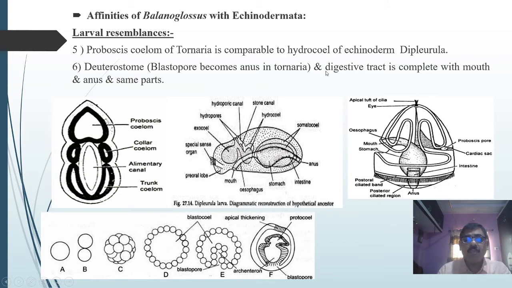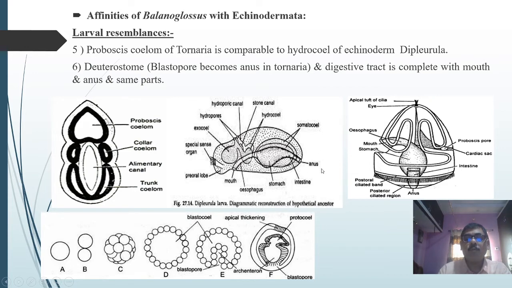And if you observe the digestive tract, it is complete: the mouth, then esophagus, stomach, intestine, and anus. Here also you can observe the mouth, esophagus, stomach, intestine, and anus.